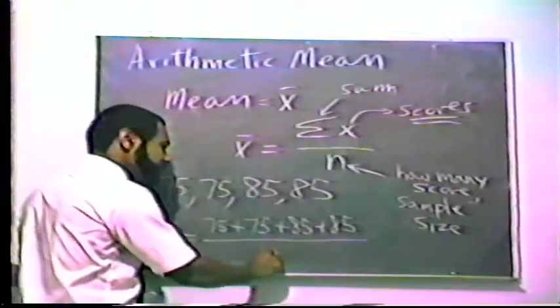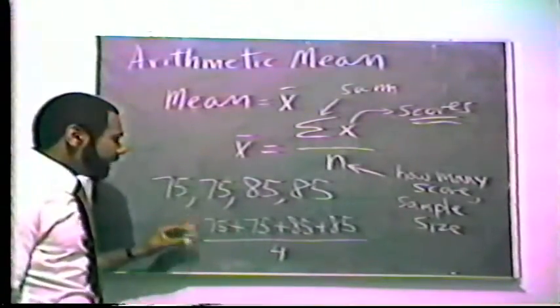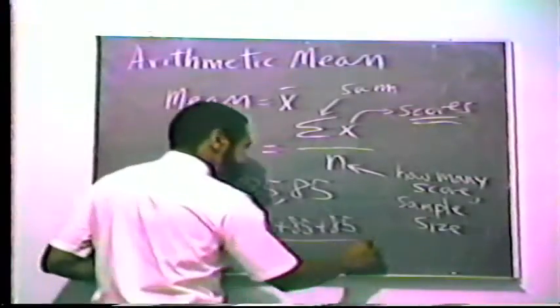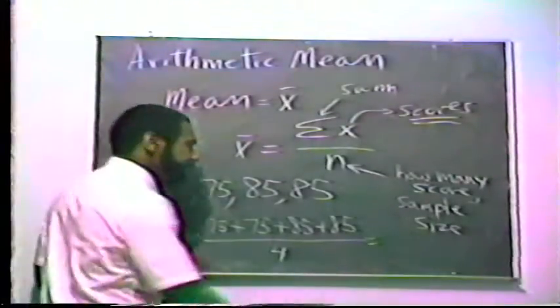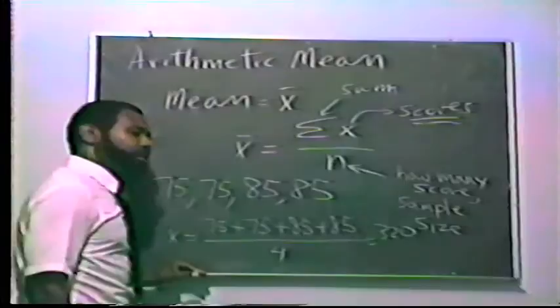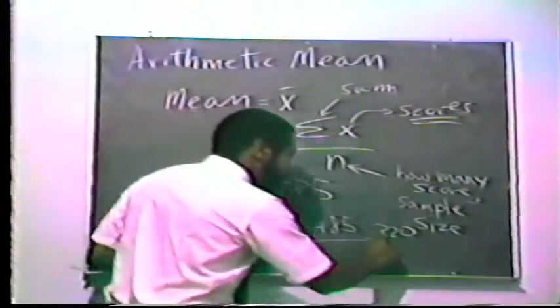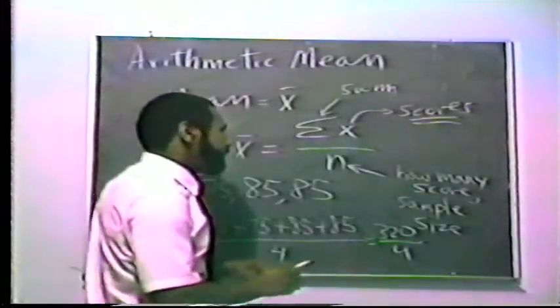So here we're dividing by 4. We add the scores together. We get 320. We divide that by 4, and we get 80.